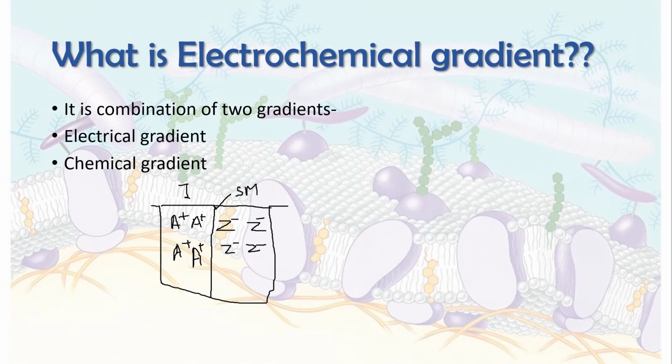Both will try to move down their electrical gradient. Suppose the Z molecules try to come into column first and the positive A molecules try to come into column 2, until they equilibrate the electric charges on both sides.